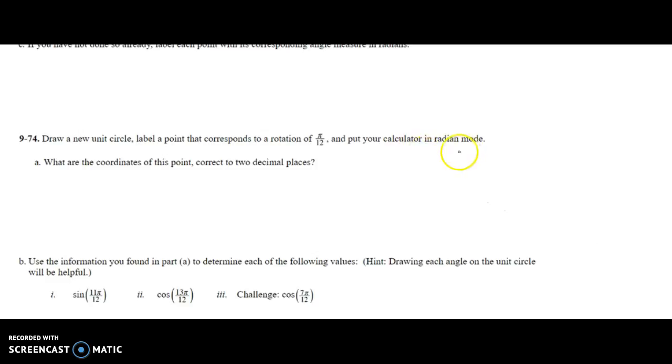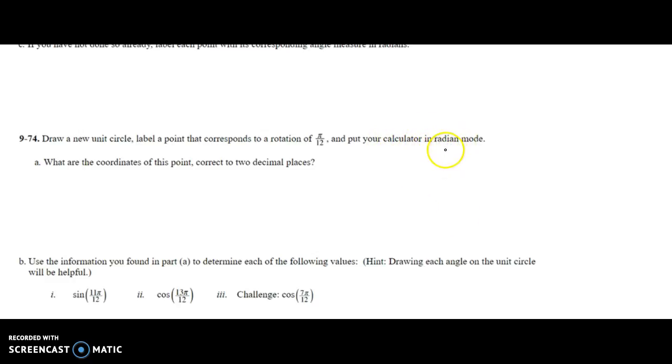For those who are unfamiliar with radian mode, your calculator has different modes. At different times I've said you want to check your calculator and make sure it is in the correct mode, and we've been checking to make sure it's in degree mode. Well, sometimes we deal with things in radian mode. To change that, all you have to do is hit the mode button at the top, and you'll see some words highlighted.